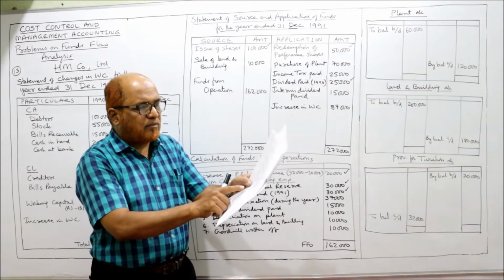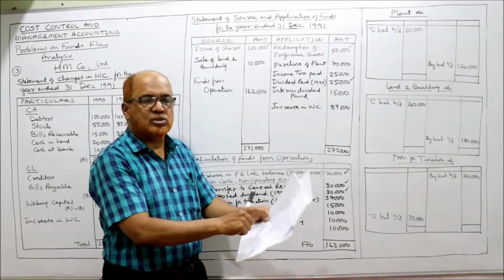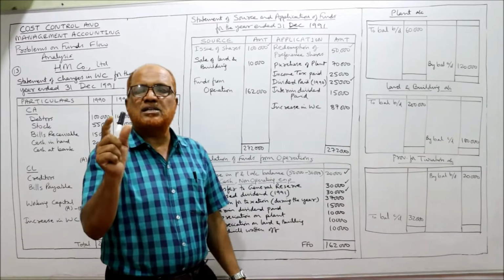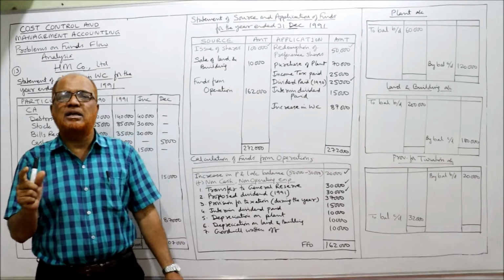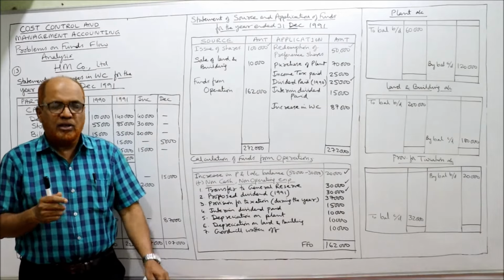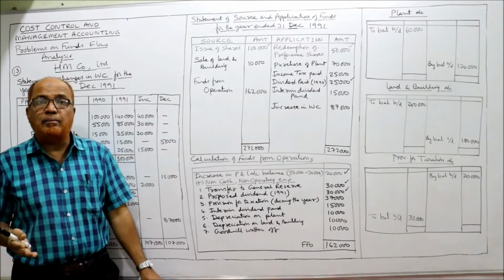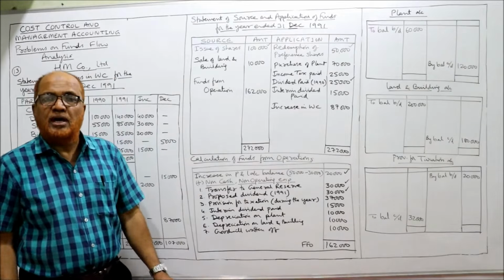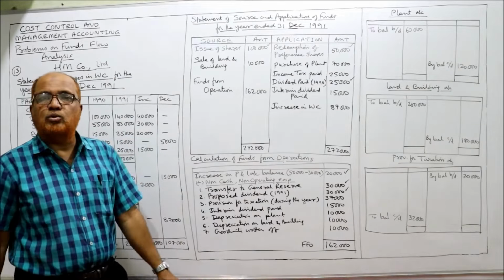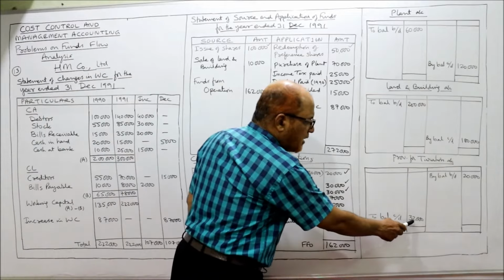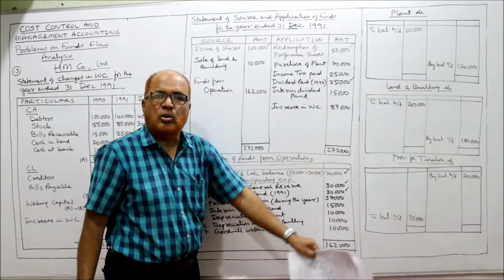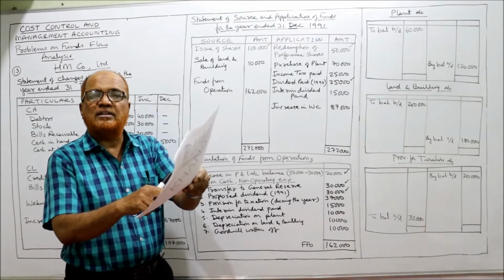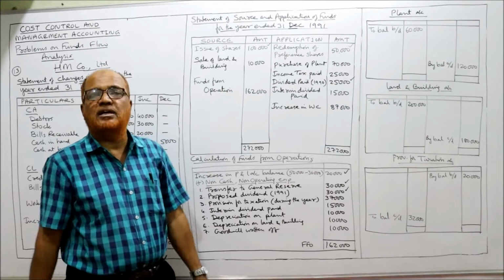The last year provision for taxation was 20,000, here by balance brought down 20,000. Assets will show a debit balance, liabilities will show a credit balance. So here provision for taxation is a liability. On the credit side, by balance brought down 20,000, and the current year balance is 32,000. So to balance carried down 32,000. Opening, closing.